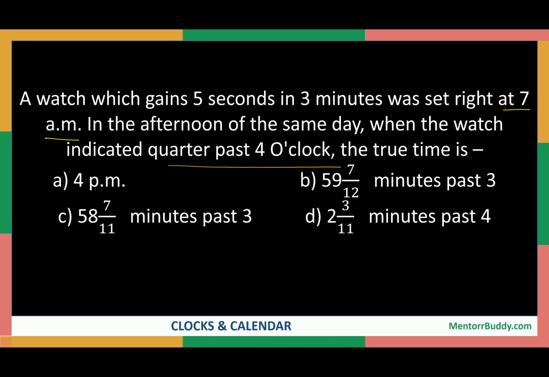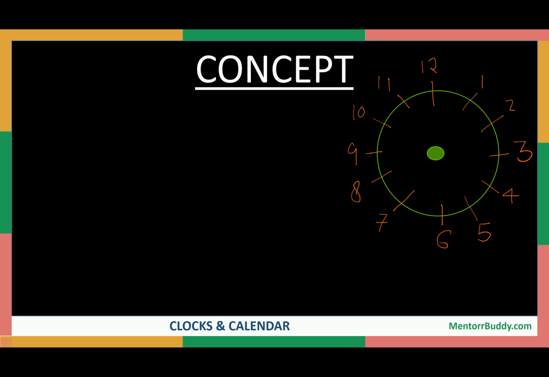So let's understand the concept. Let's suppose that this is the correct clock, that is the original clock, and in every 1 hour the faulty clock is gaining 1 minute.